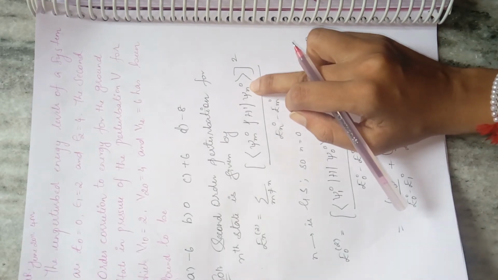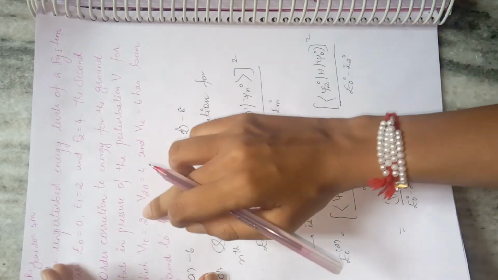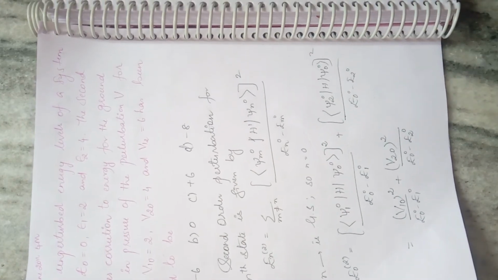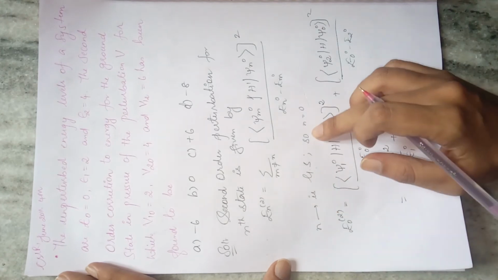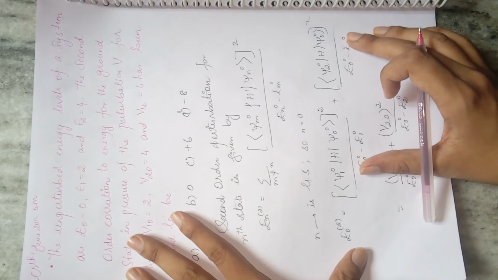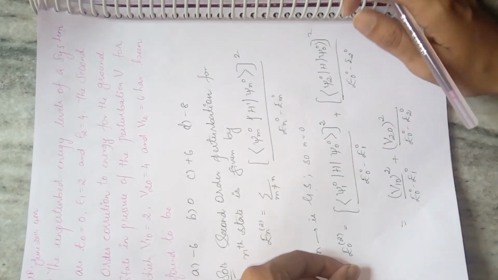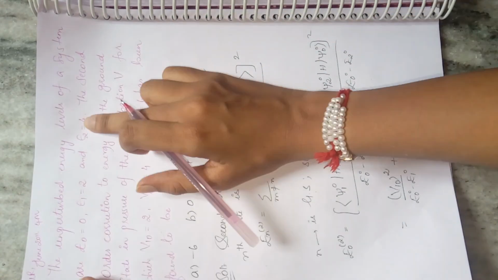So you have been given three perturbation values. So this is the formula used, and n is the ground state, so n is equal to 0. Now for second order perturbation, this is the formula. You are not taking the further term like V12, it is given, but only 0, 1 and 2 are needed. So this is not at all required, only these two are required.